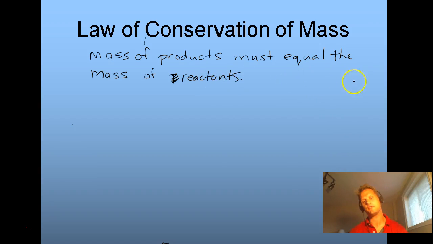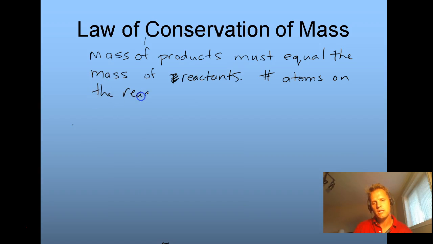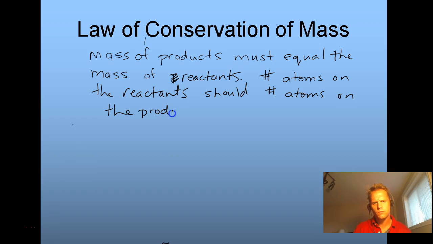Another way of thinking of this is that atoms weigh the same, like an atom of hydrogen should weigh the same as another hydrogen atom. So the number of atoms on the reactant side should equal the number of atoms on the product side. And this is the law of conservation of mass. Like matter, atoms cannot be created or destroyed.